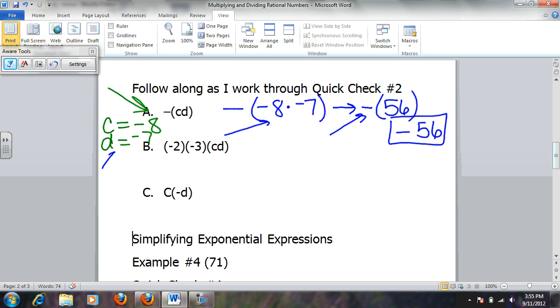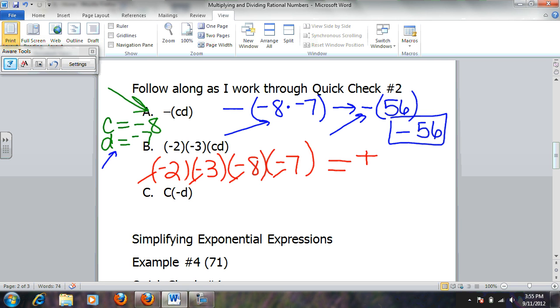Using the same values for C and D, let's substitute in example B. Negative 2 times negative 3 times negative 8 times negative 7. I have 1, 2, 3, 4 negative signs. Because I have an even number of negative signs, I know my answer is going to be positive.